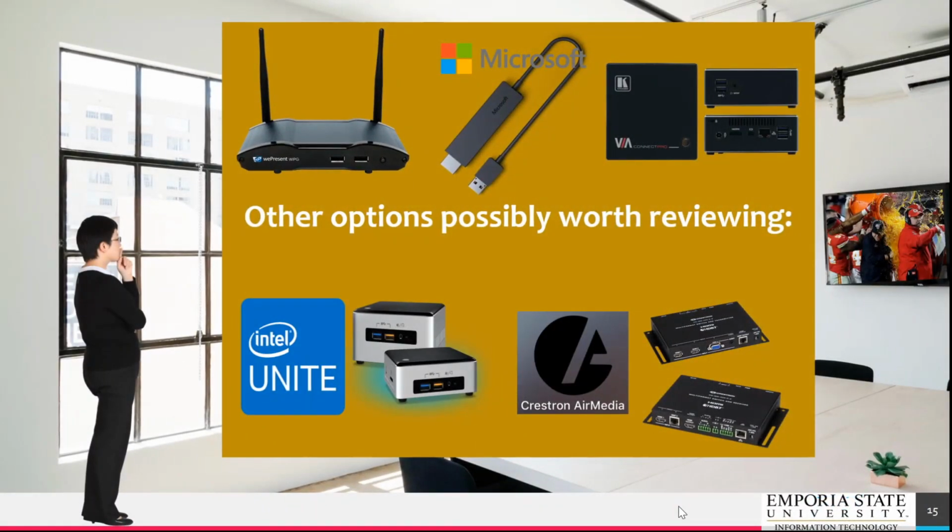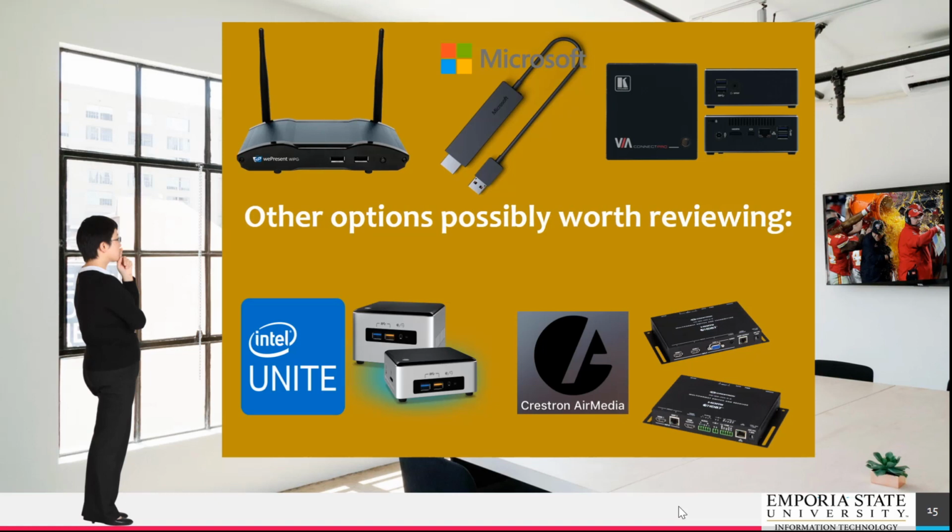Here are some other options possibly worth reviewing that we discussed with one another when comparing products. You see there is a WePresent, a Kramer Via, a Crestron Air Media, an Intel Unite, and the Microsoft wireless adapter.